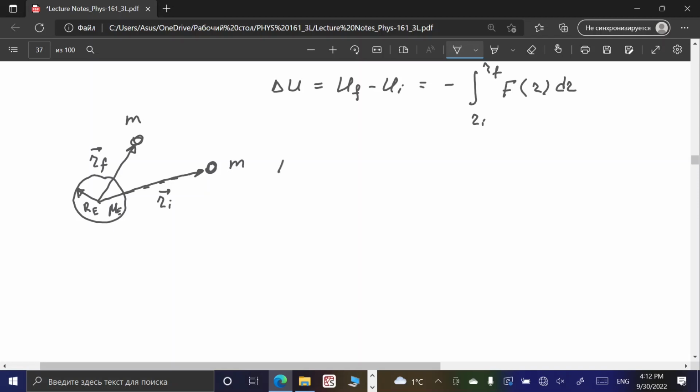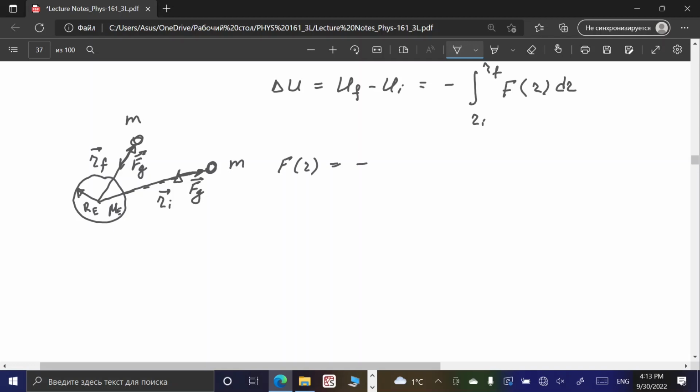So now we know what will be the force as a function of position. That is our gravitational force. So we can just write here the expression for universal gravitational law and put minus because this is attractive force. We know that this force exerted on the object is pointed towards the center of the planet, so it's attractive force.